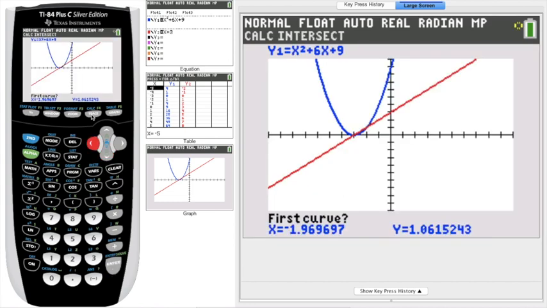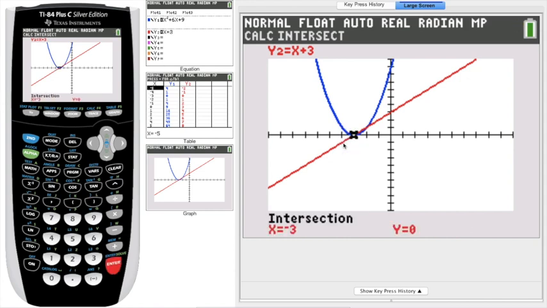Since there are two intersections, your calculator is going to find the intersection closest to your little blinky guy. So I'm going to move the little blinky guy to the left of the leftmost intersection. If I go over there, it's definitely going to give me the first intersection and not the second one. So make sure it's a little bit to the left. Hit enter, enter, and then enter one more time.